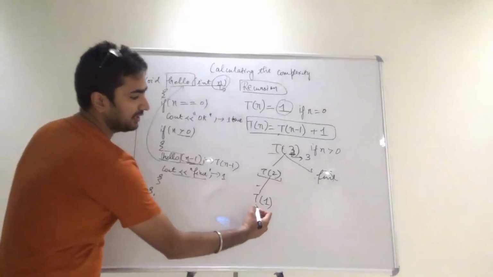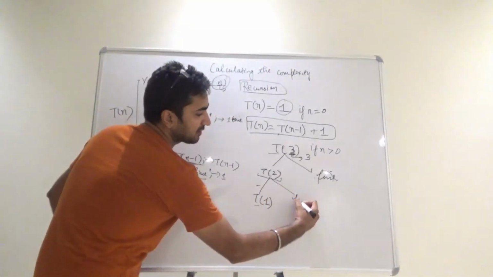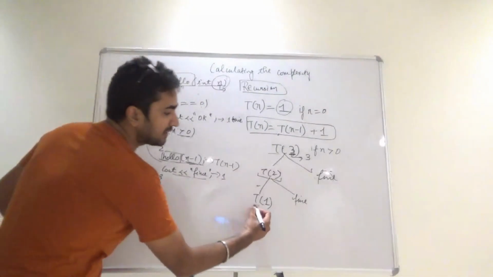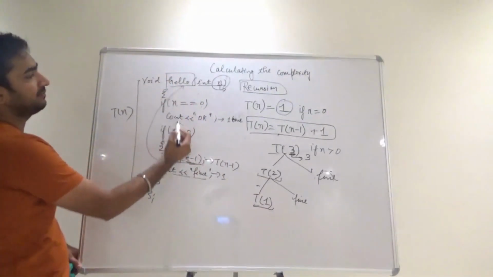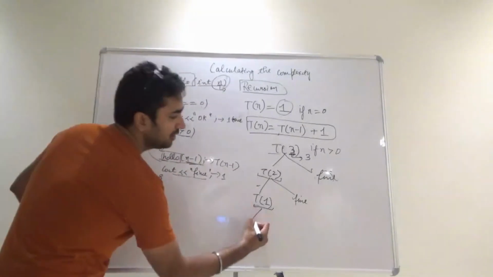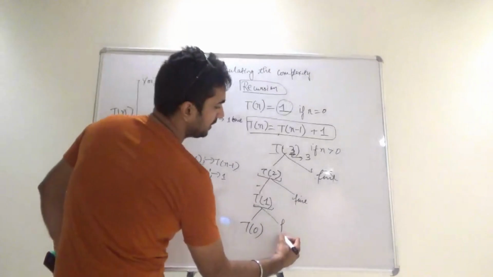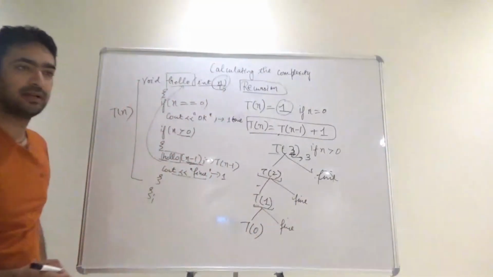So I would write T of 1 and then I am just writing fine. If this is getting called, and n is greater than 0, it would call T of 0 and again it will display fine.